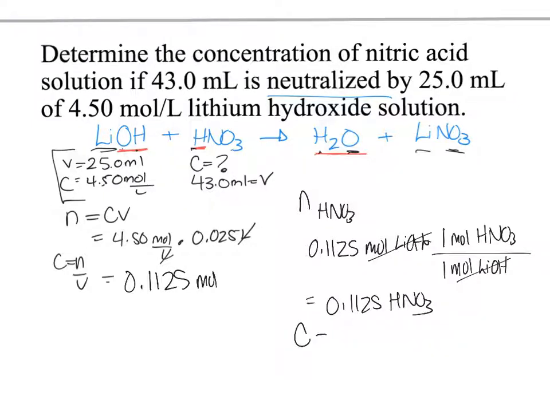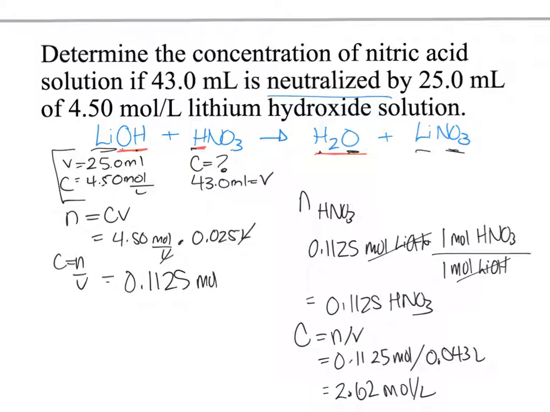Now I can actually figure out what the question is asking me, which is the concentration, remembering to change the volume to liters here. So I get 2.62 moles per liter. Great, one more question.